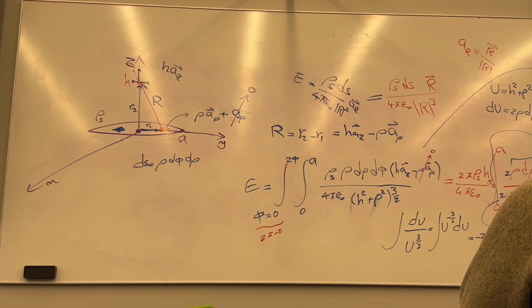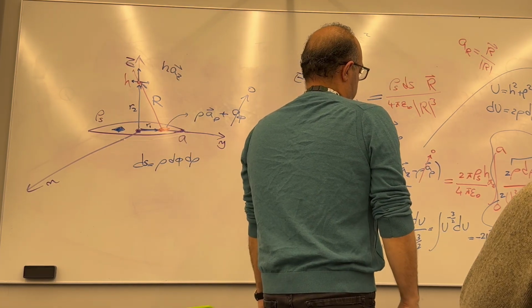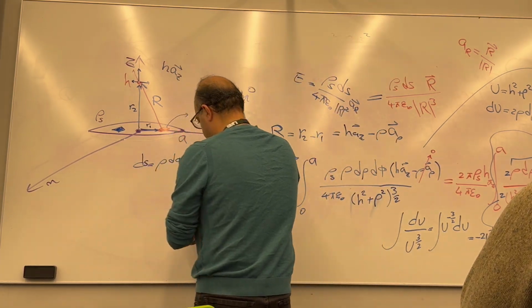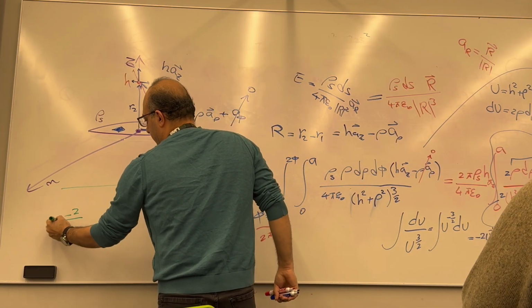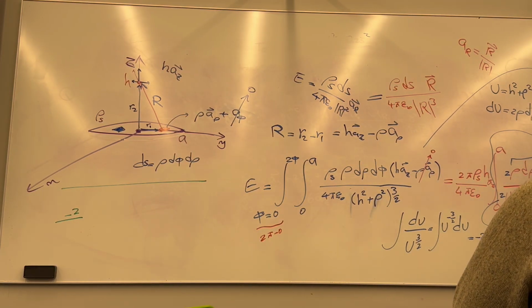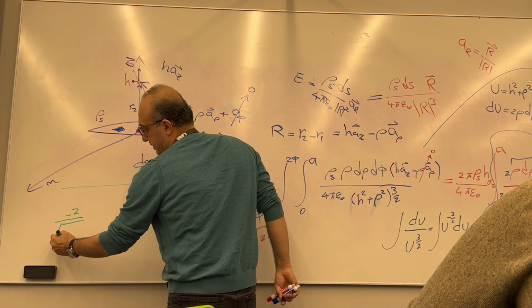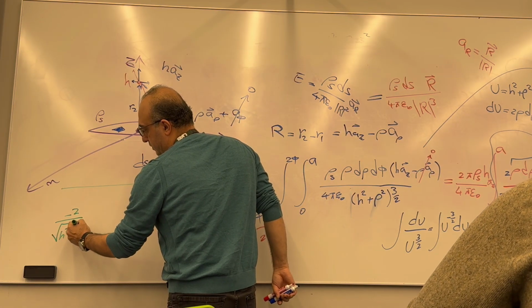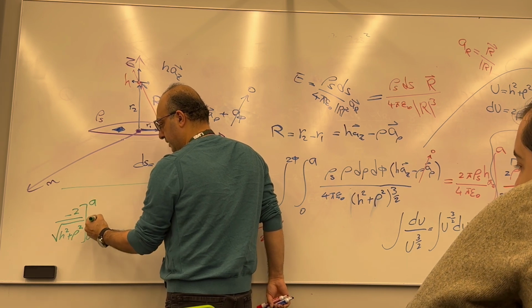This is a solution. All right? It's not very difficult. Now, I put the value and see what the result is going to be. I put everything here. It's going to be minus 2. Instead of the power minus 1/2, I can put it down here and show it in this way, maybe better sense: h squared plus rho squared, and rho from 0 to a.